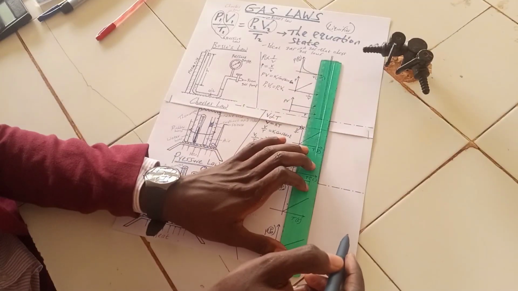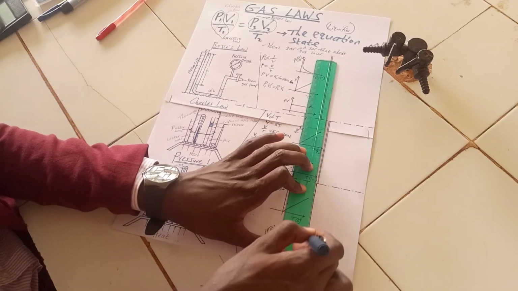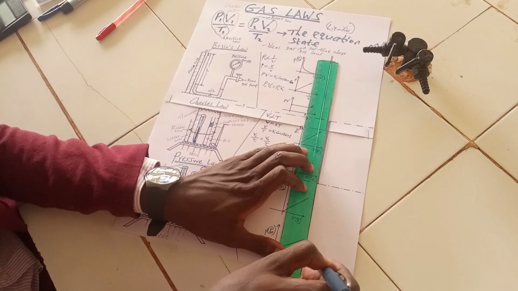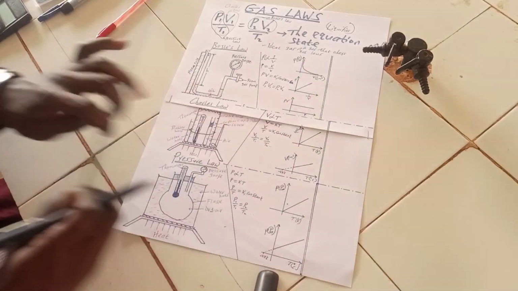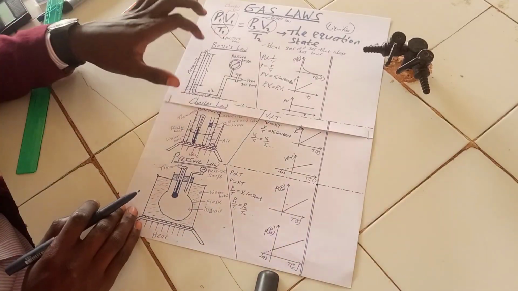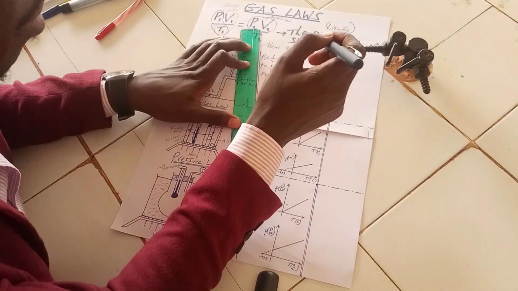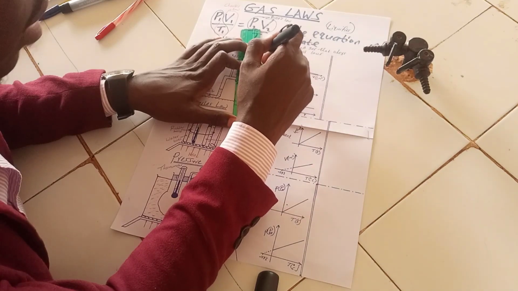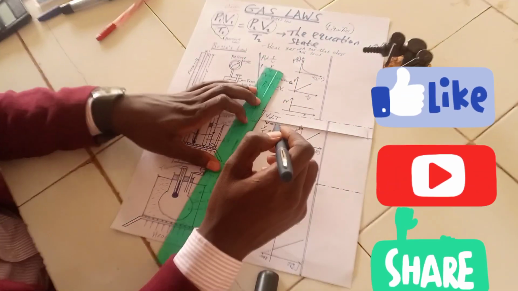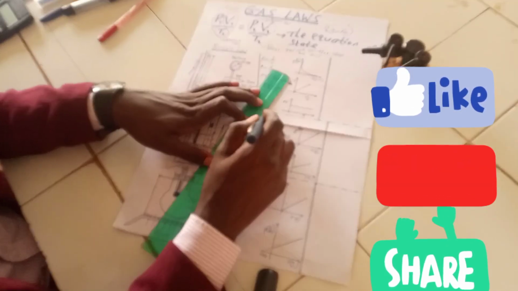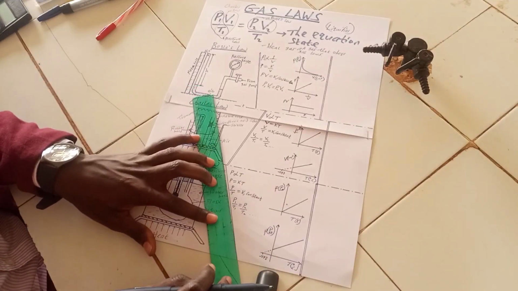These 3 diagrams are very, very important because they are highly examinable in paper 1. So let's start by looking at this one here. Let me also make this one a bit distinct so that you can understand exactly what we are saying, for the sake of clarity and the neatness of the work we are doing here.